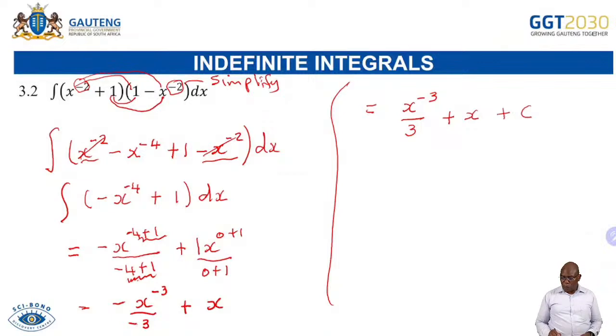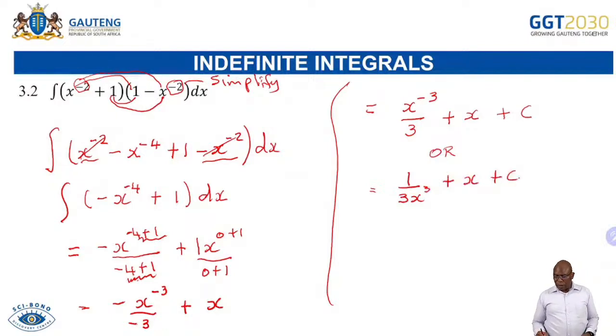Right? Once I've done that, what can I do now? I can either write it as a negative or positive exponent. So I'll have 1 over 3x to the power 3 plus x plus c.